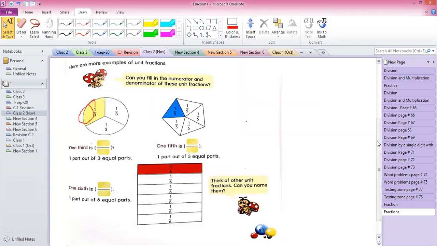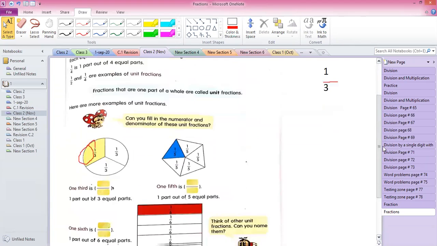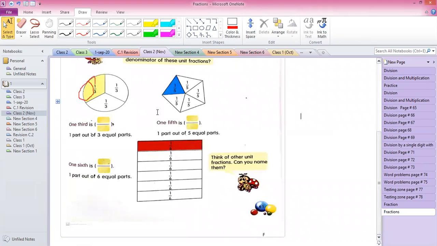I hope it is very clear to you now. Look here, guys. This is the pentagon, and you have to check into how many equal parts the pentagon is divided.